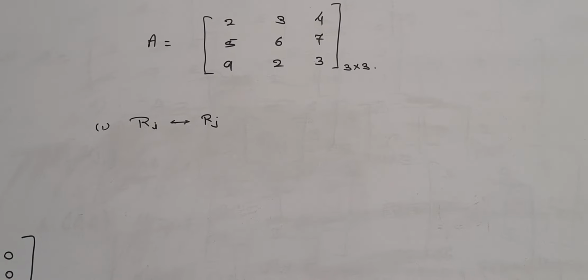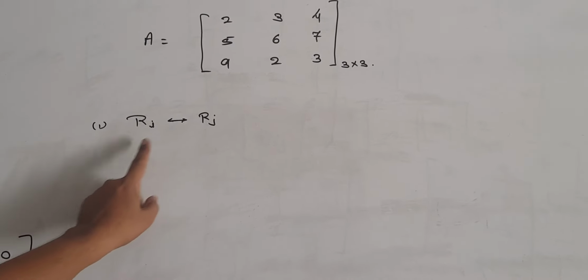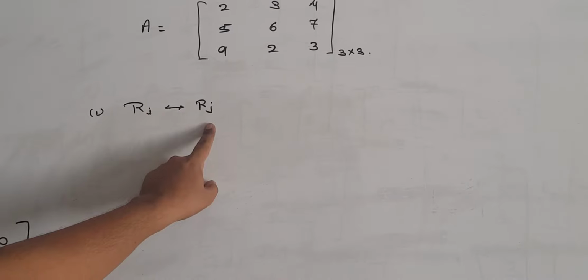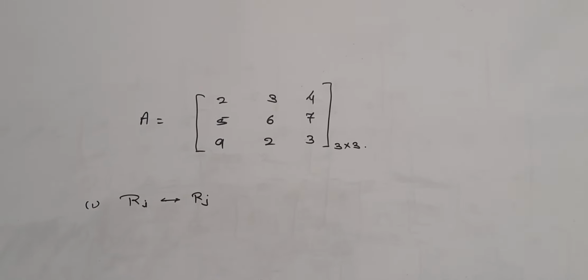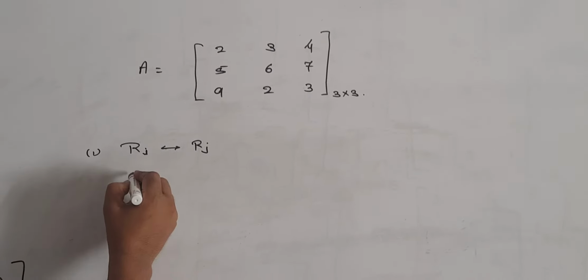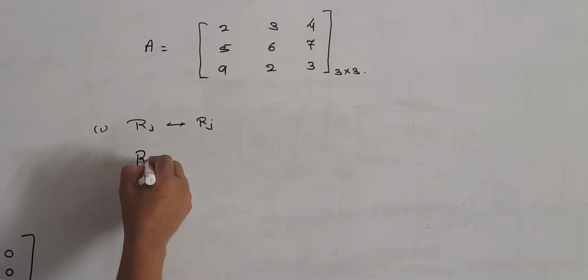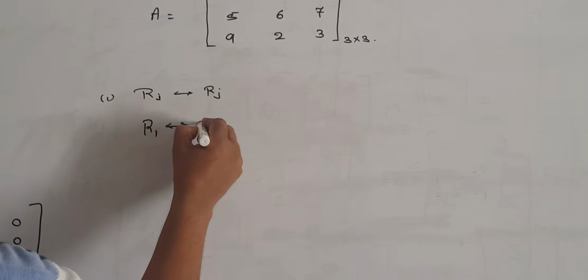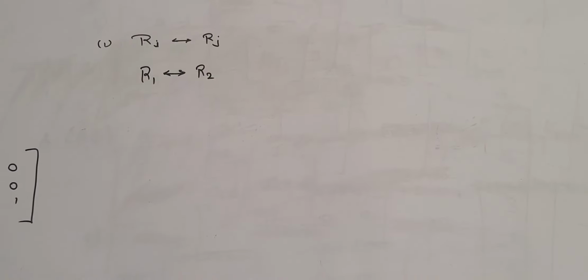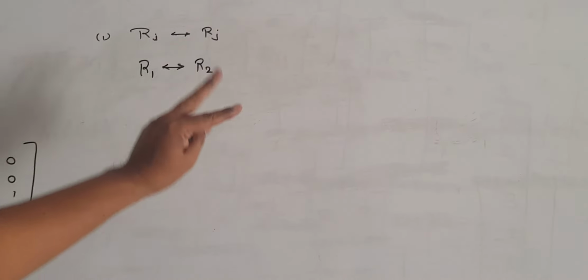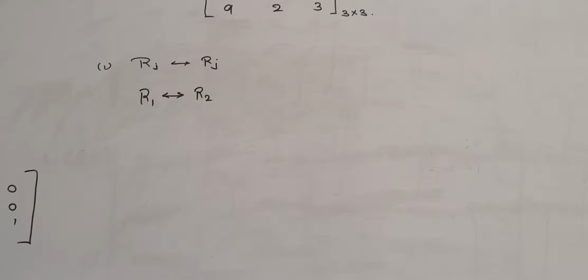Ri to Rj means interchange the elements of the ith and jth row. Here I just do one operation: R1 double arrow R2. What is the meaning of this symbol? Interchange the elements of the first row and the second row.